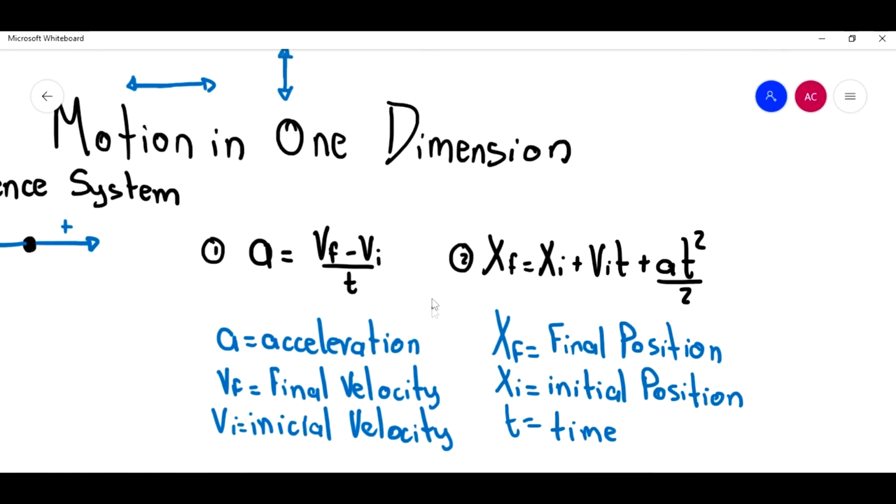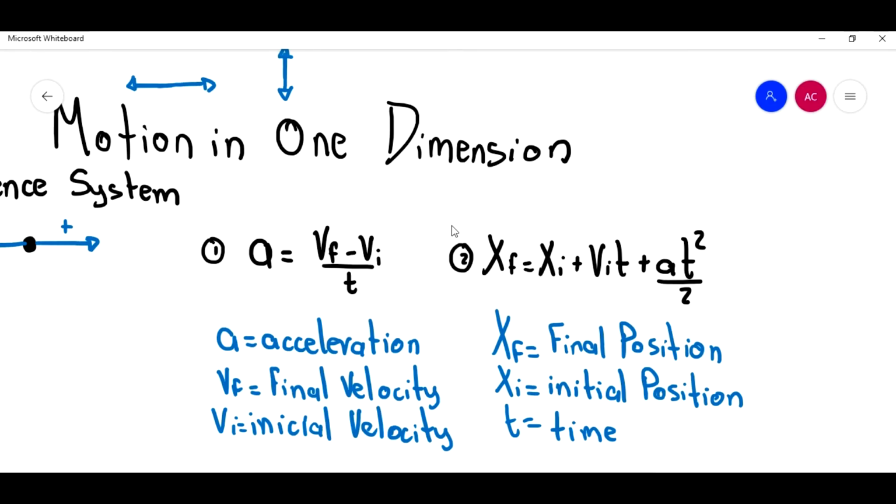Another important thing, these are the only two equations that I'm going to use. It doesn't matter the type of the problem. Talking about one dimension, I'm going to use these equations. Of course, there are more equations and you can look for them over the internet. But I don't recommend you to have many equations because you need to memorize them, and each equation does something different, and depending on the problem, you use a different equation.